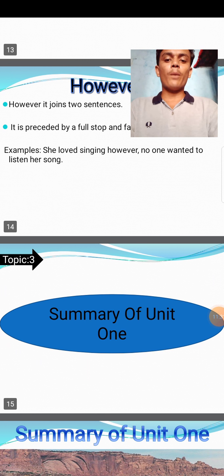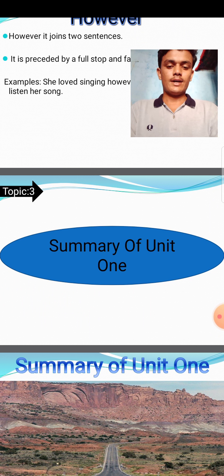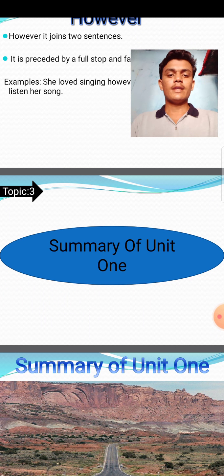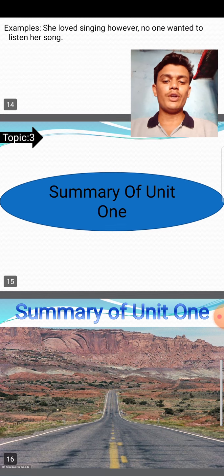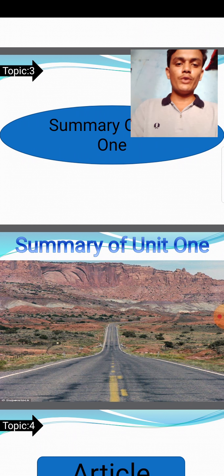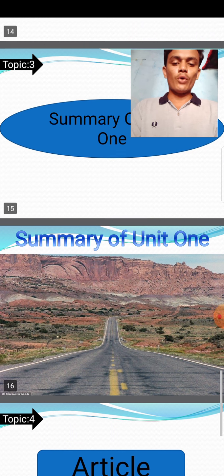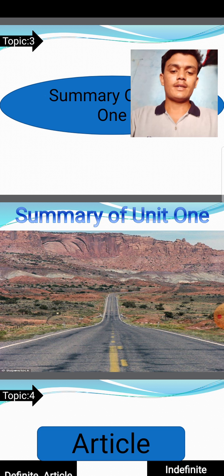The number 3 topic is the summary of unit 1. This is the one way road. The summary of unit 1 shows that there is a one way road in the beach city.